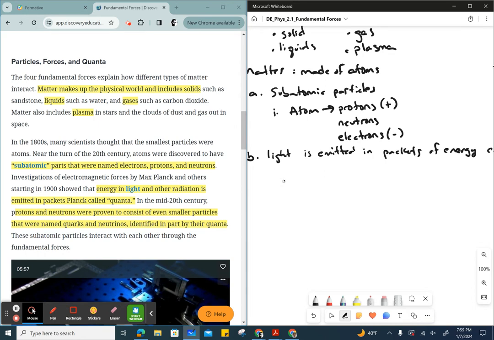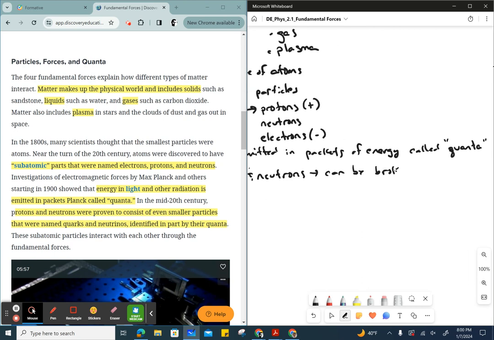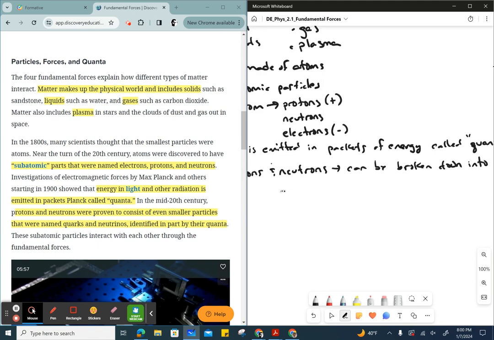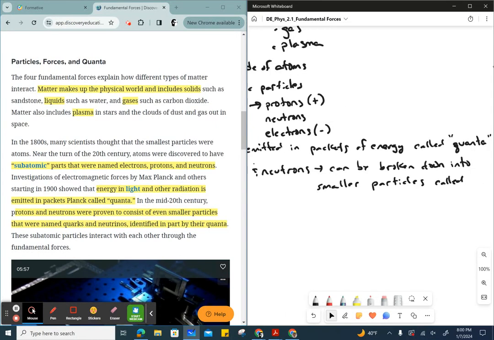Protons and neutrons are subatomic particles of atoms, but they can be broken down into smaller particles named, right?